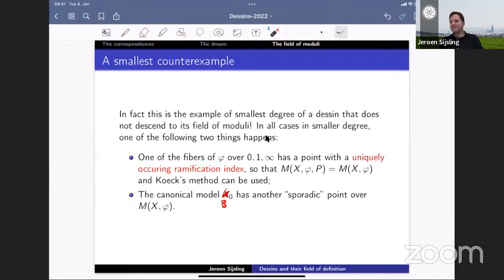And in fact, there are also conceptual reasons for this. First of all, descent is not a local to global problem. It's not true that if it descends over all completions, then it descends over the field itself.